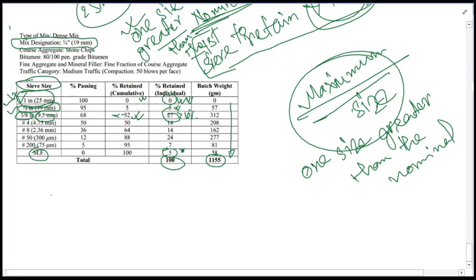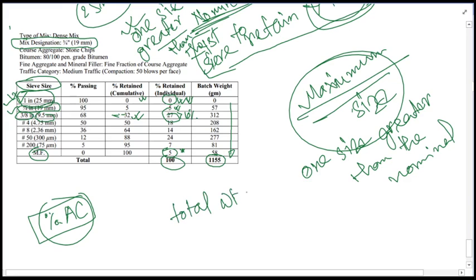Now one thing, the percent of asphalt content we are saying from the very beginning of our class. So what is percent asphalt content? Percent asphalt content is nothing but the percent of asphalt with respect to the total weight of mixture. So remember one thing, not the total weight of aggregates, but the total weight of mixture.